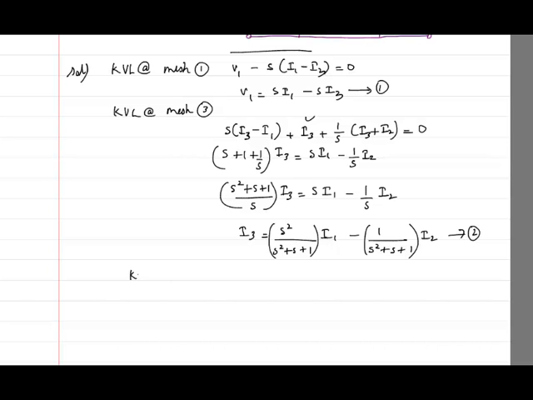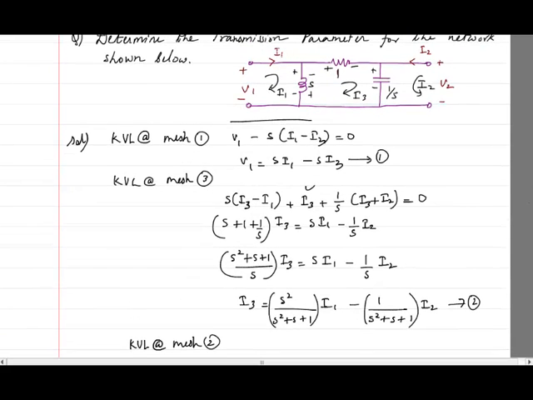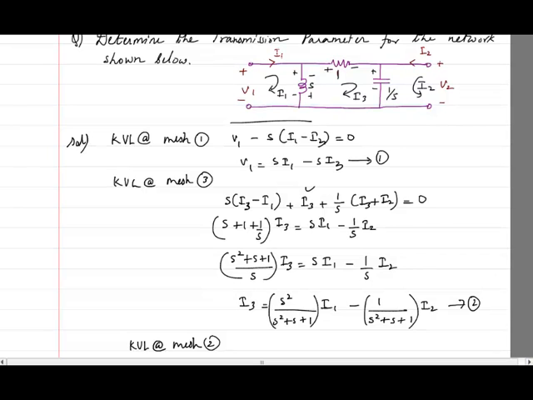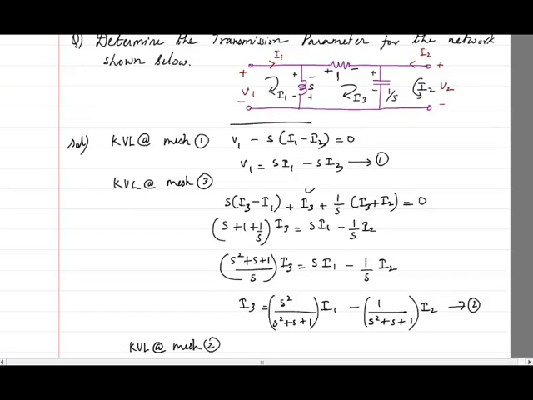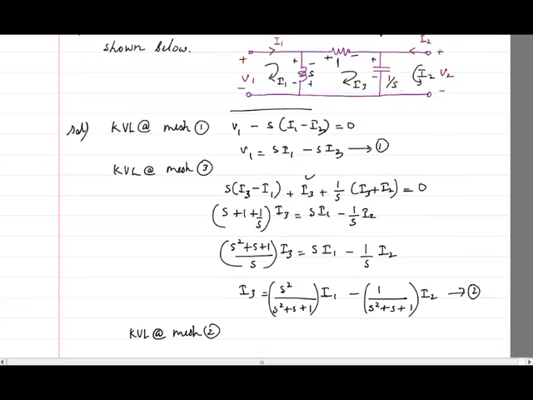Then I will write KVL at mesh 2. I could have written KVL at mesh 2 in the start itself, there is no problem. But anyway, I have written it in the order 1, 3 and 2. I can write it in the order of 1, 2 and 3. Anyway, now for the second one, it is V2. So this is plus, this is minus. So I will get V2 minus 1 by S I2, not minus, plus I3 is equal to 0.